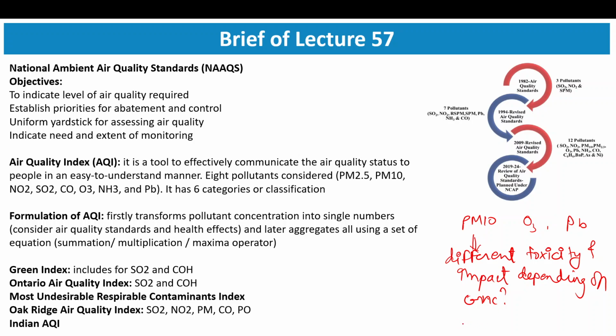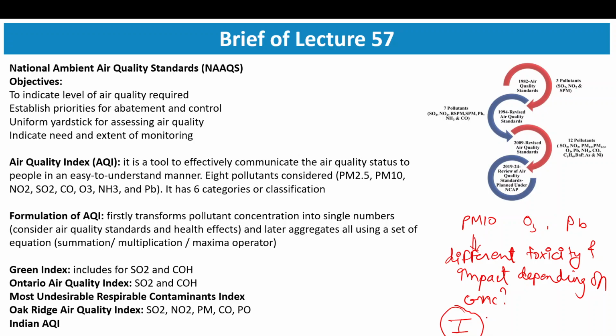So that is nothing but a sub-index I, which is calculated or which is available for each of these pollutants. So this is a parameter which you will know for each of the pollutants.